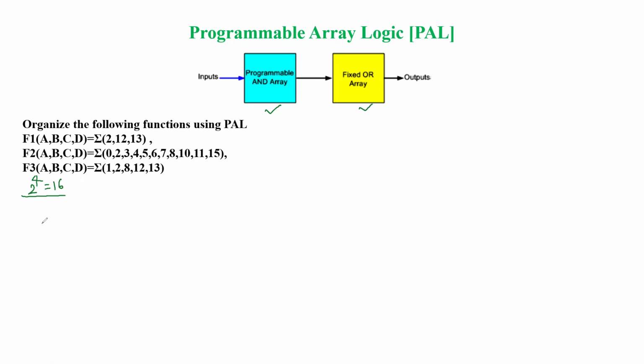For each and every function, we have to go for the K-map. So suppose we take the function F1. In F1 also, how many boxes do we require? Since 4 variables are there, we require 16 boxes for all functions.